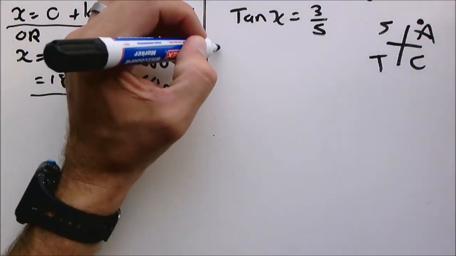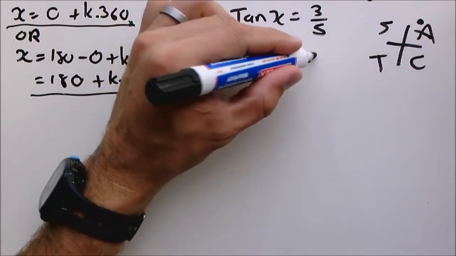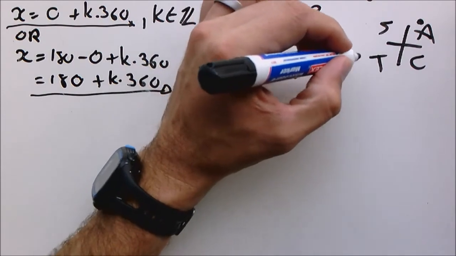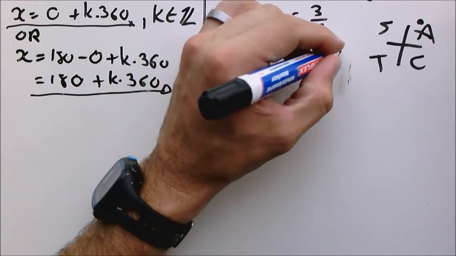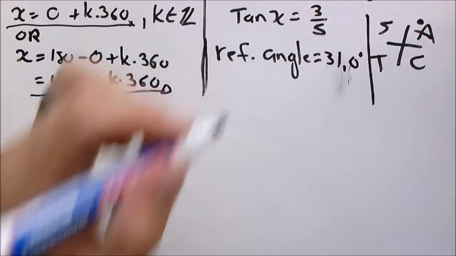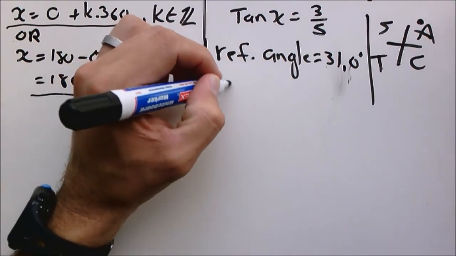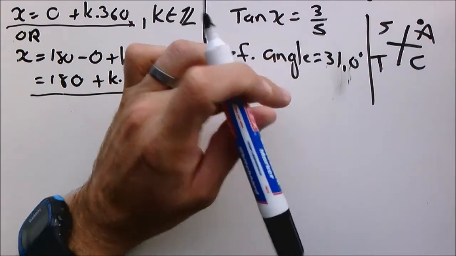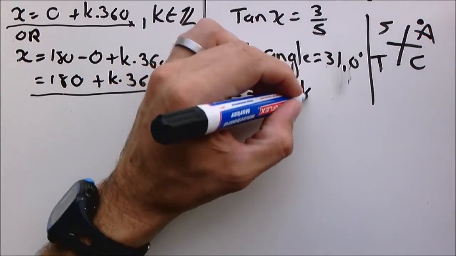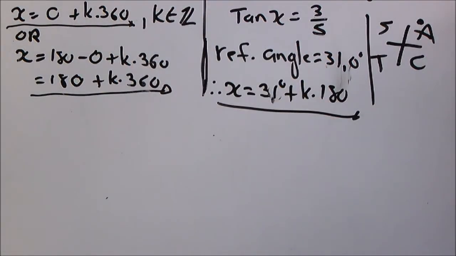So our reference angle is equal to 30,96, which will make this 31,0. That's our reference angle. That then means that x equals 31 plus k 180. There you have it, our three final solutions to this question.